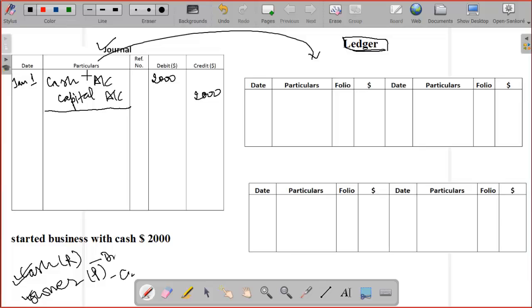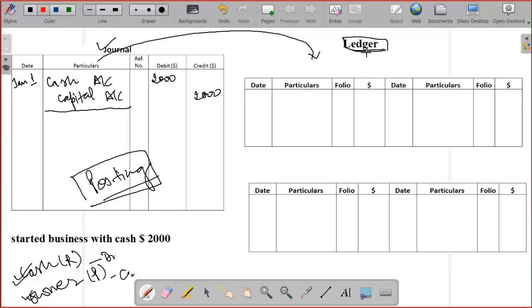And that transferring process is known as what? Posting. That is known as posting. So first we will record the transaction in the journal, and after that we will transfer it from the journal to the ledger, and that transferring procedure is known as what? Posting.